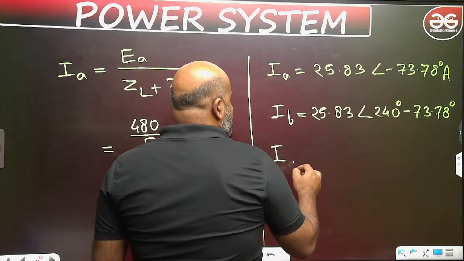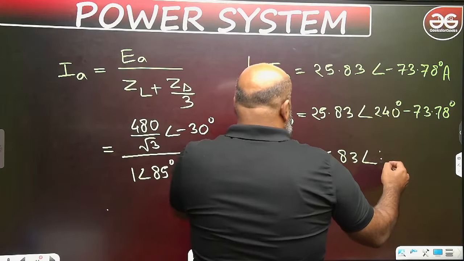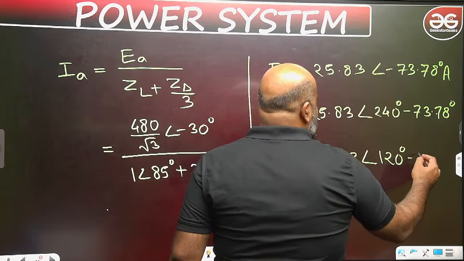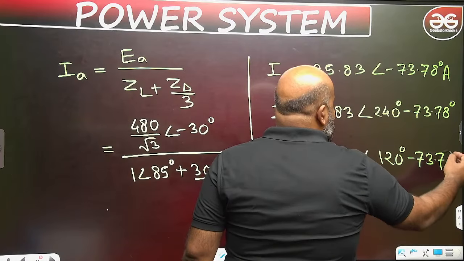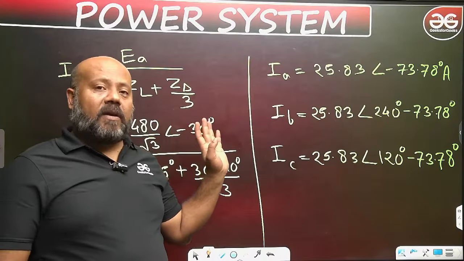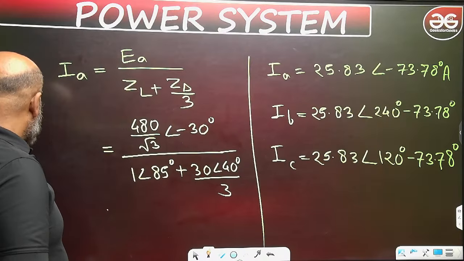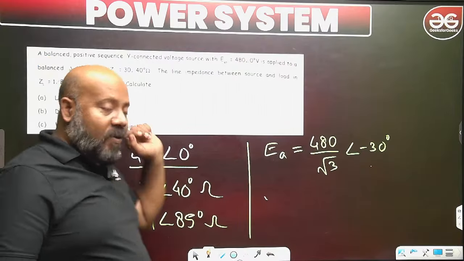What is C? Magnitude is same. Add 120, 73.78 degrees. So you got the line currents, but he is asking what? He is asking the delta load currents also.